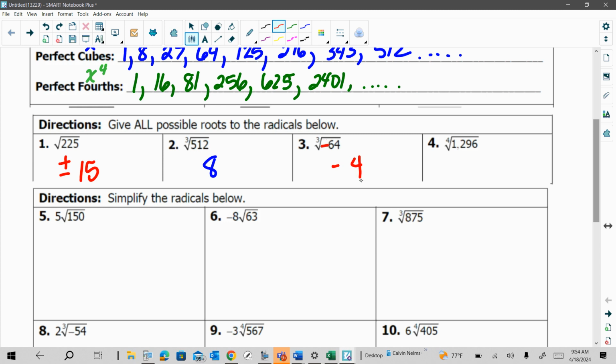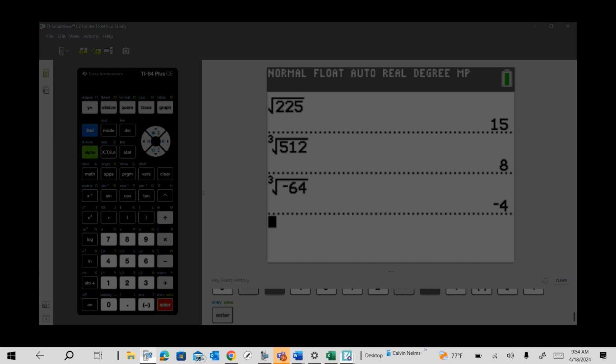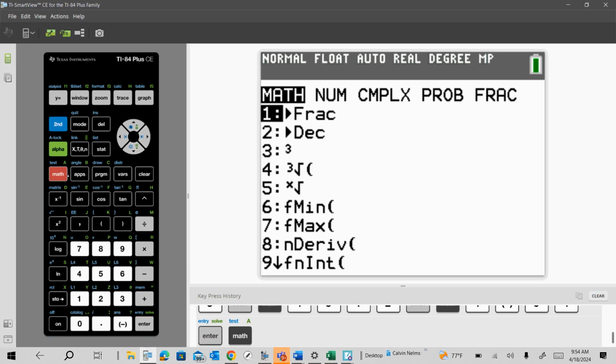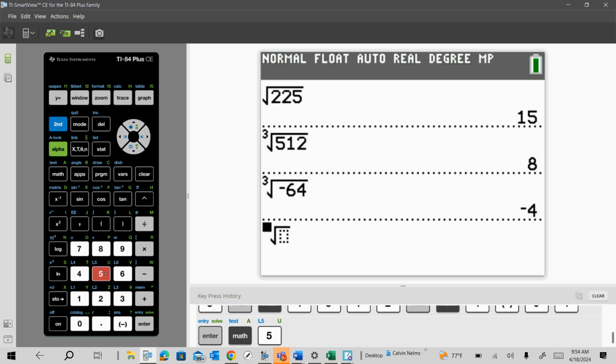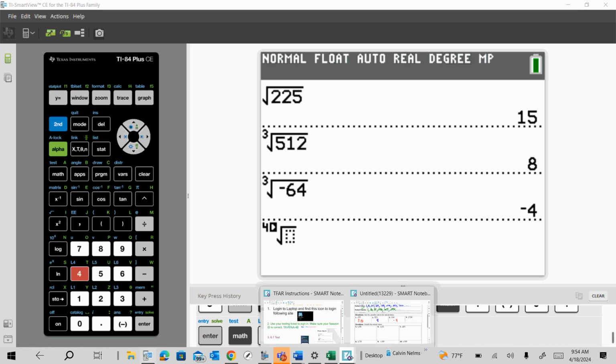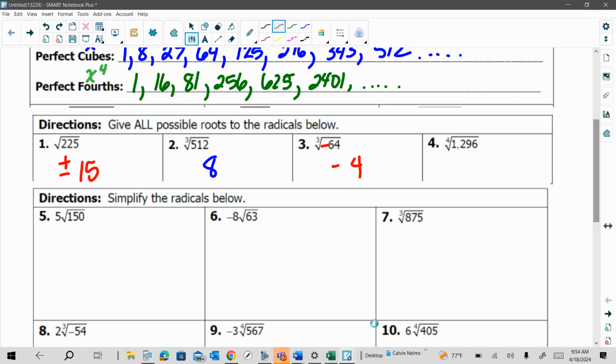The fourth root, for that, you have to indicate the index. So you're going to pick number 5, and then you're going to put the index 4 outside the radical, and then type in the number. Okay. All right, so now we're going to get into simplifying radicals.